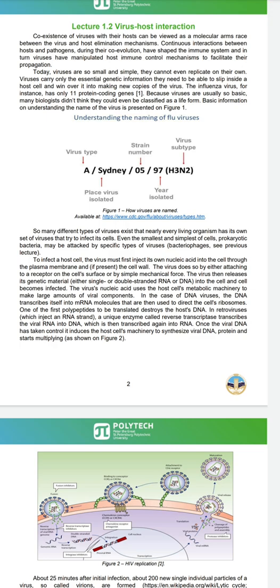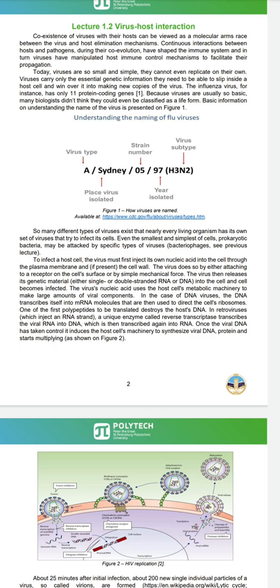The virus's nucleic acid uses the host cell's metabolic machinery to make large amounts of viral components. In the case of DNA viruses, the DNA transcribes itself into mRNA molecules that are then used to direct the cell's ribosomes. One of the first polypeptides to be translated destroys the host's DNA.